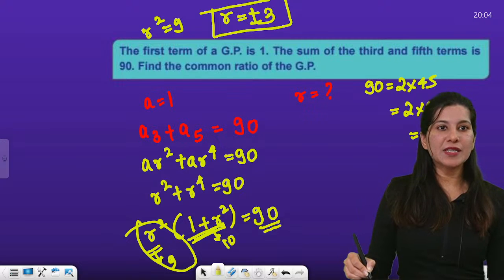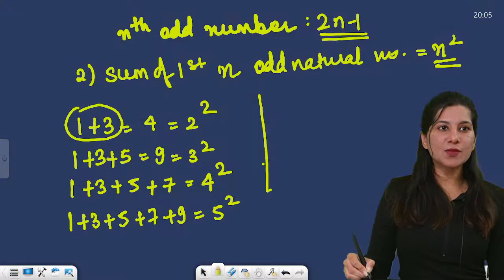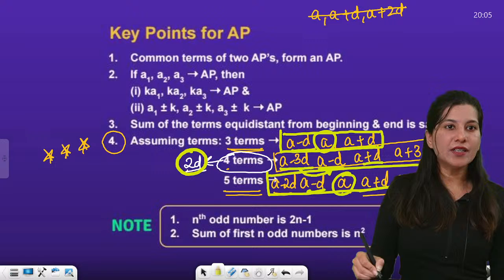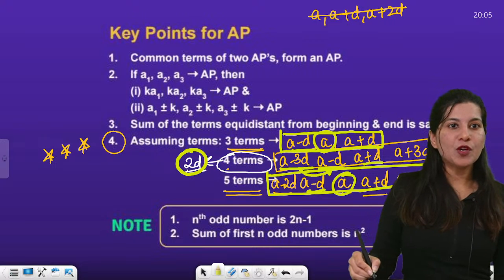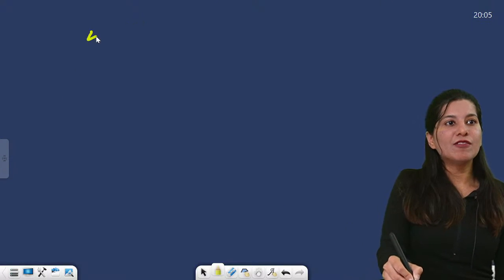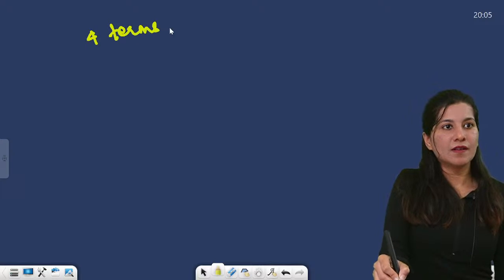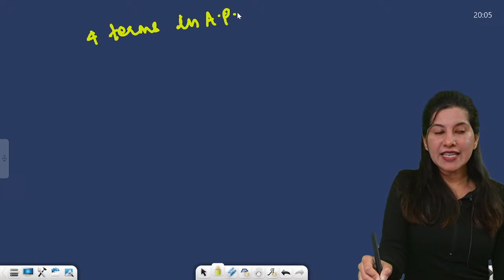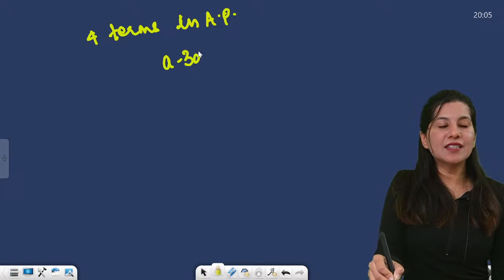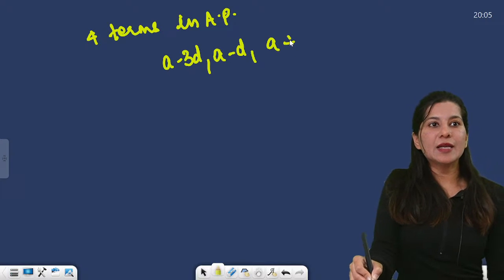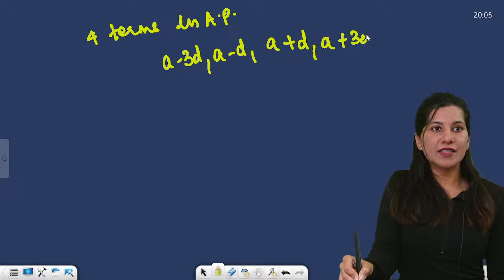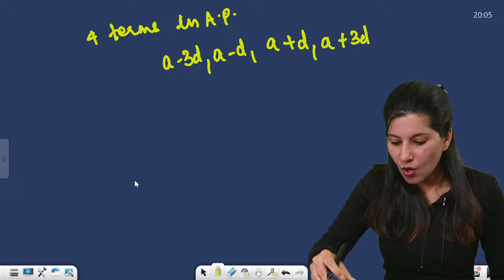Yes, R is equal to plus minus 3. Before moving on to the next problem, I want to clear the doubt of ping pong. What ping pong is saying is about 4 terms in AP. What I am saying is that 4 terms in AP are A minus 3D, A minus D, A plus D and A plus 3D.